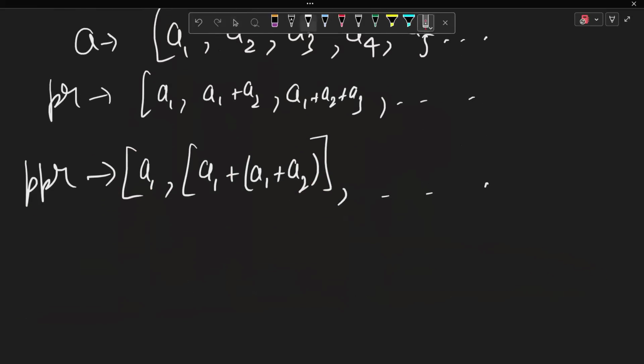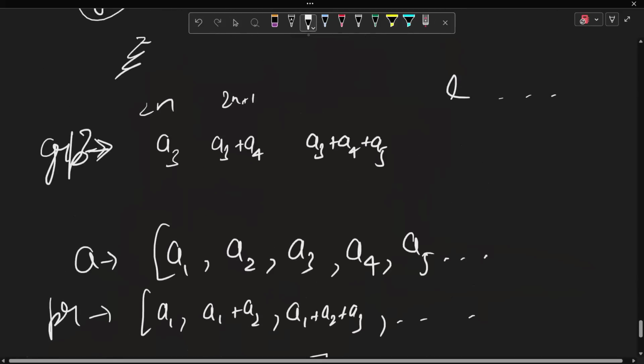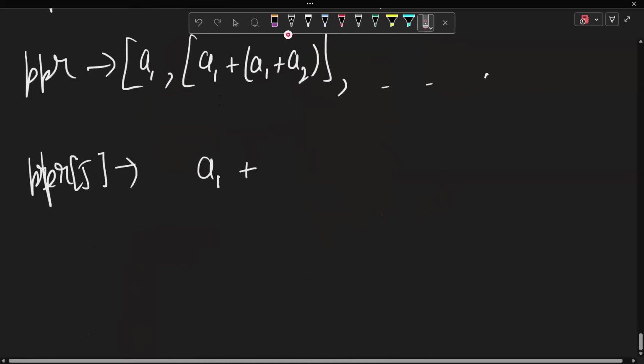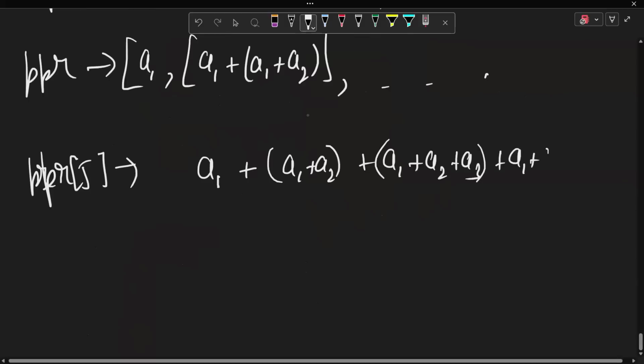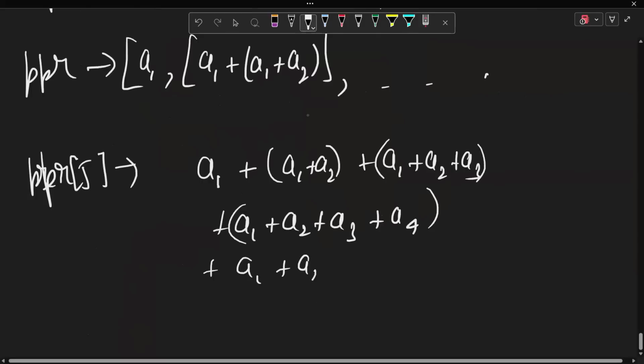If you look at PPR5, how did you arrive at 5? Because I need to compute till A3 plus A4 plus A5. Where would I get this till A5? In PPR5. My PPR5 is A1, plus A1 plus A2, plus A1 plus A2 plus A3, plus A1 plus A2 plus A3 plus A4, plus A1 plus A2 plus A3 plus A4 plus A5.